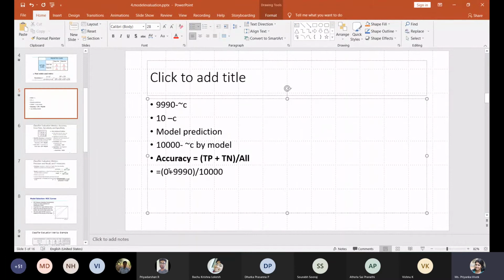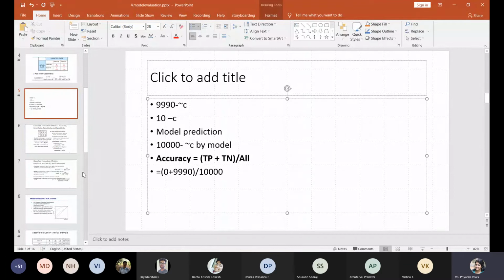Our cancerous class has only 10 samples, and though it is fully mispredicted, since the other class is very high, our correct prediction is misleading, and we'll get a good accuracy value. So this is why we have an issue when you just stick to the accuracy value. Is that making more sense? Why we should not always stick to just accuracy?